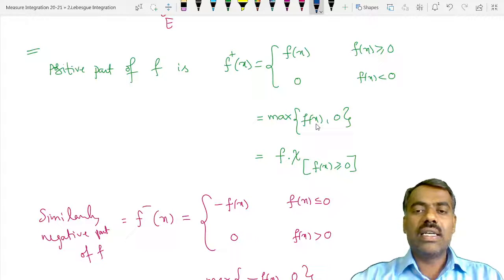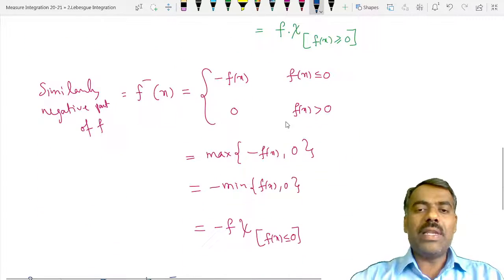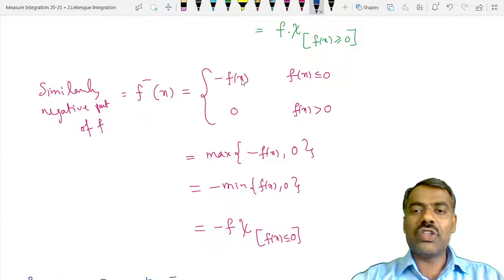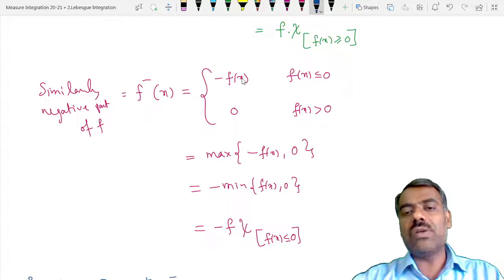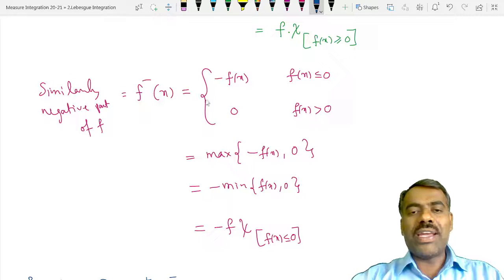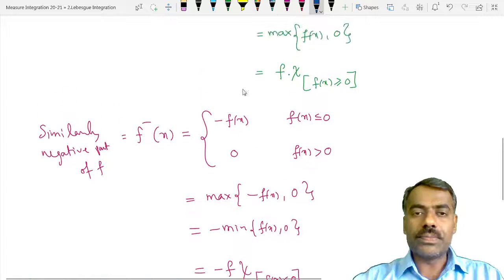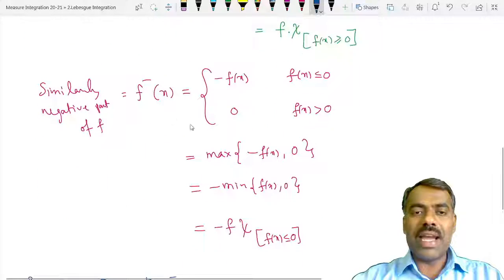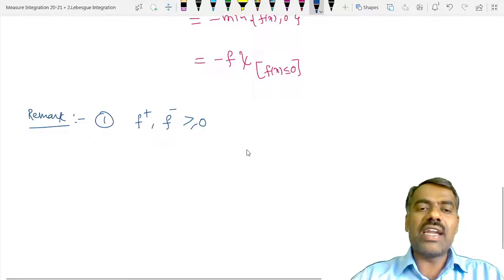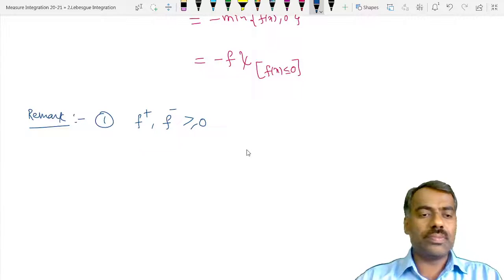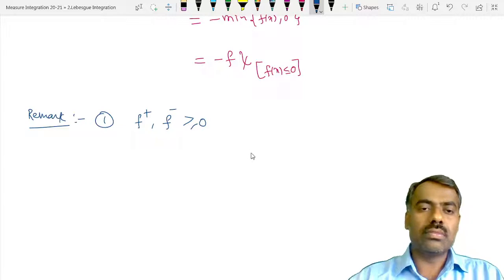Any problem? Similarly, if f of x is less than or equal to 0, you are taking minus of that. So therefore, minus of f of x is greater than or equal to 0. So your f minus is also greater than or equal to 0. Is that clear? F plus and f minus both are non-negative functions. Yes or no? Yes, sir.